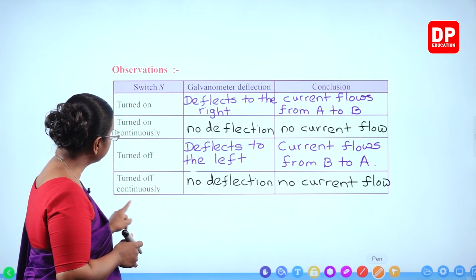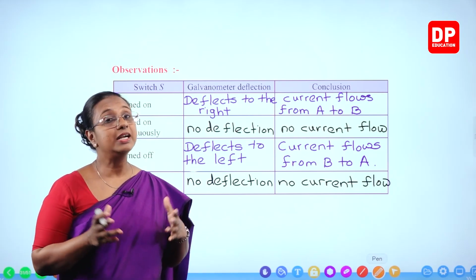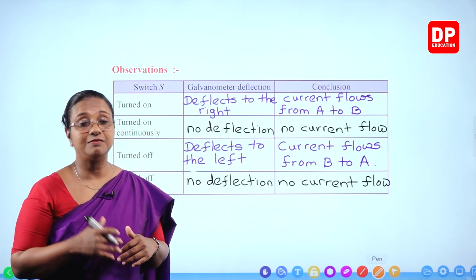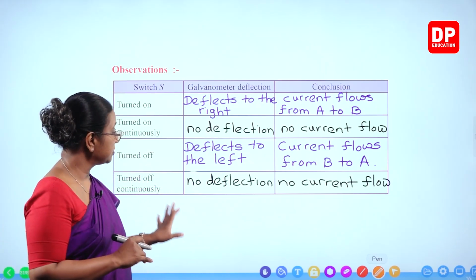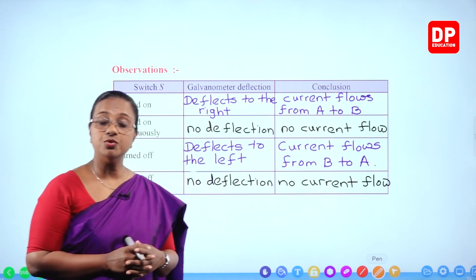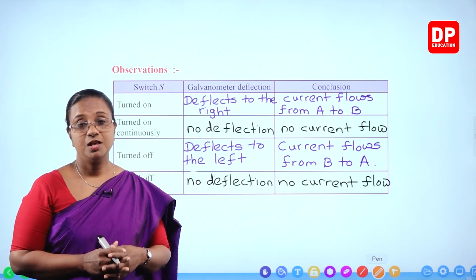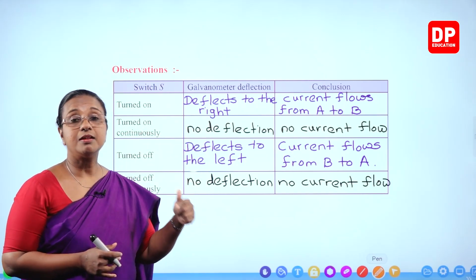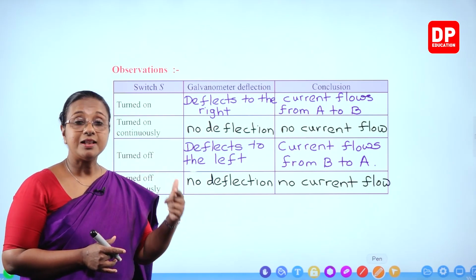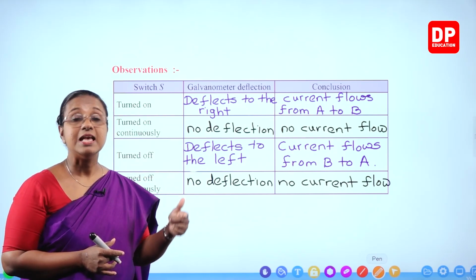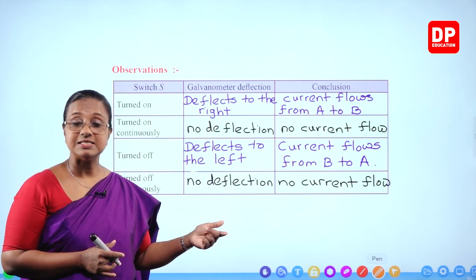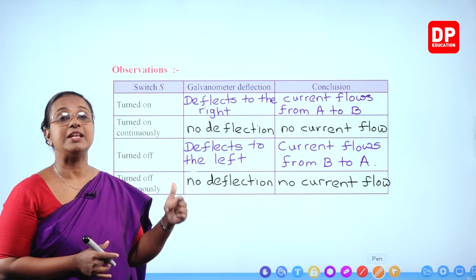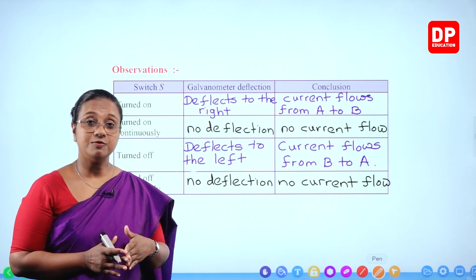Thereafter, if we have the switch turned off continuously, again there is no magnetic field in the first coil. The same way, there is no magnetic field in the second coil. Because of that, there is no deflection, there is no current flow. So this phenomenon, where when you supply current to the first coil, there are induced magnetic field lines that induce a magnetic field in the second coil, and from there an induced electromotive force leads to the current flow.